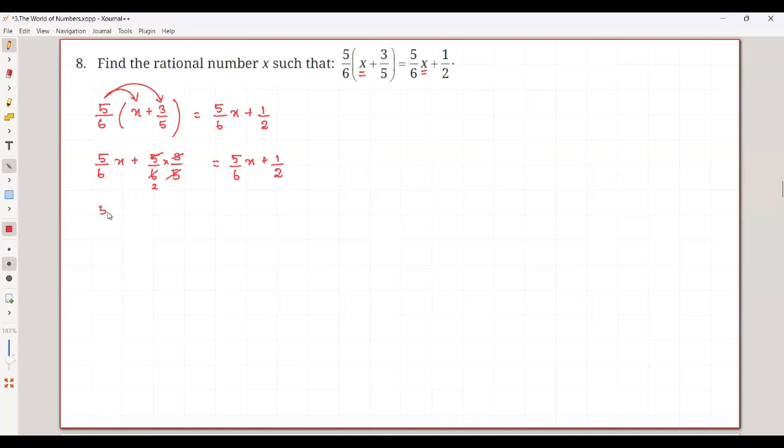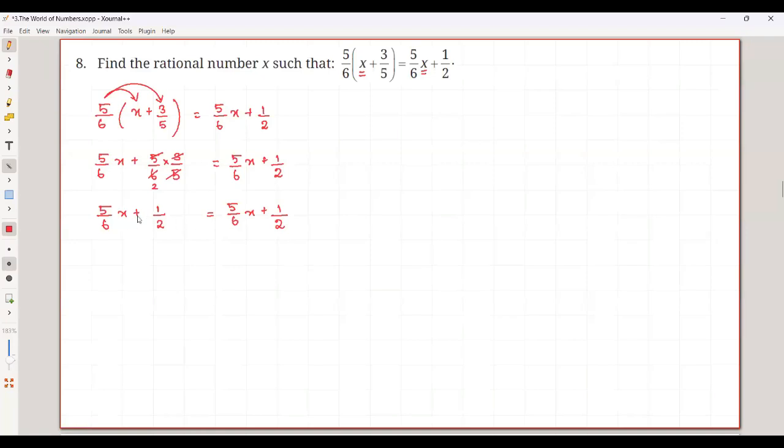So what is the balance? 5 by 6 x plus numerator 1, denominator 2. Now the RHS is 5 by 6 x plus 1 by 2. Check both sides are equal: 5 by 6 x, 5 by 6 x, plus 1 by 2, plus 1 by 2.